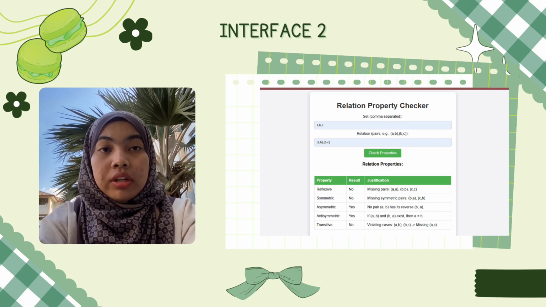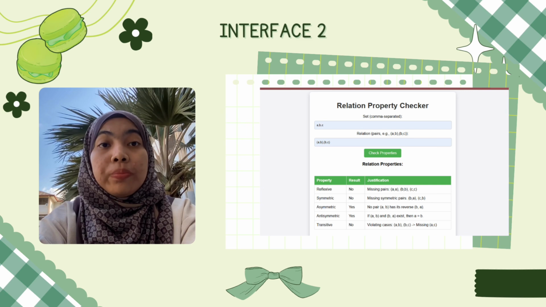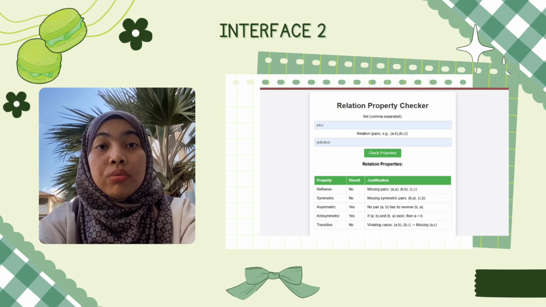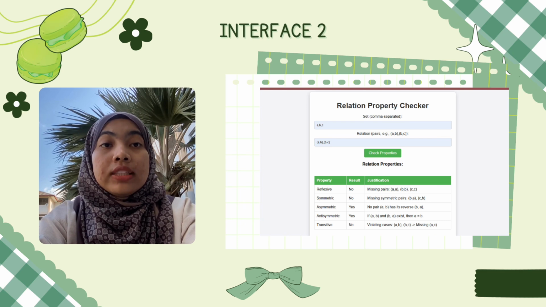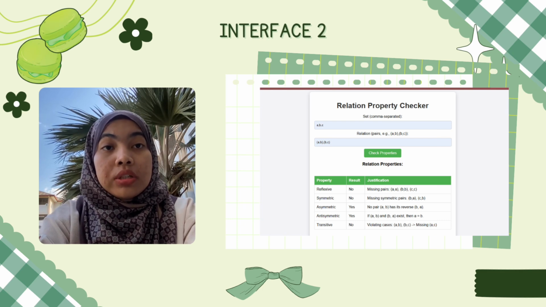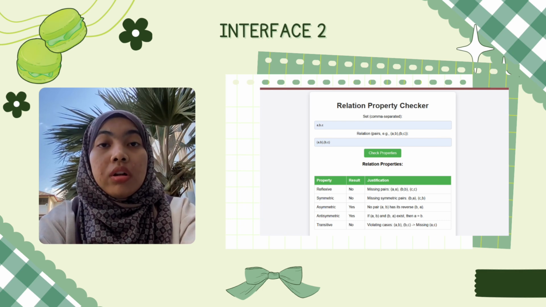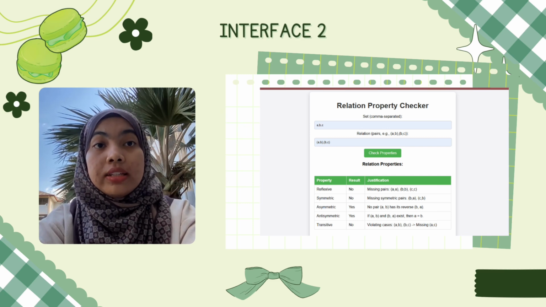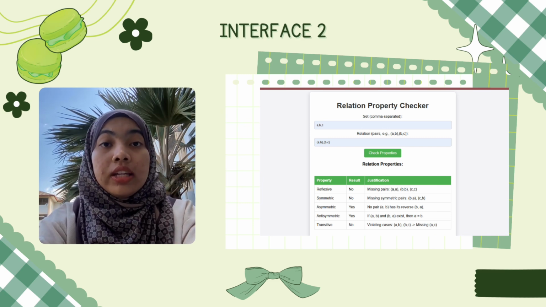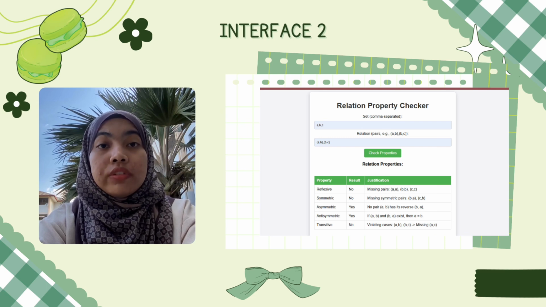For asymmetric, the result is yes because no pairs (A,B) exist with its reverse (B,A). And for antisymmetric, the result is yes because for all pairs (A,B) and (B,A) that exist, it ensures A equals B. For transitive, the result is no because the relation violates transitivity.